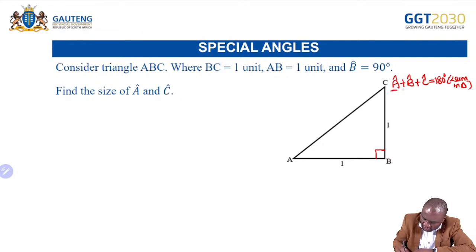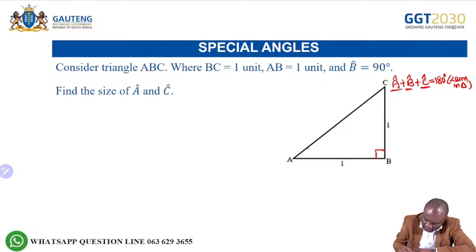But A and C are what? Not A and B. A and C are equal. This angle and this angle are equal. I hope I didn't say A and B are equal. So A and C are equal, right?